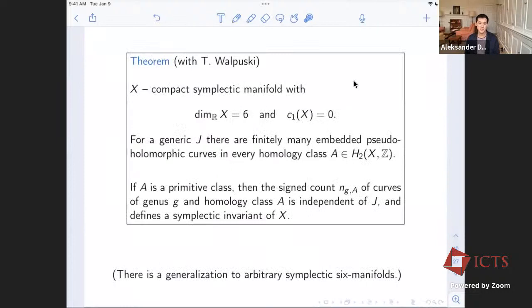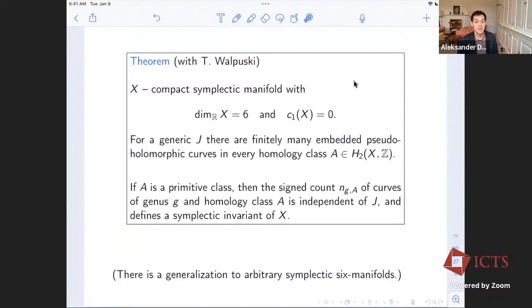So let me state the first theorem, in collaboration with Tomasz Mrowka. This is a theorem that naively tries to answer the question of whether there is some setup in which we can talk about counting embedded pseudo-holomorphic curves. The setup is this. We have a compact symplectic manifold whose real dimension is 6, so complex dimension 3, and the first Chern class is 0.